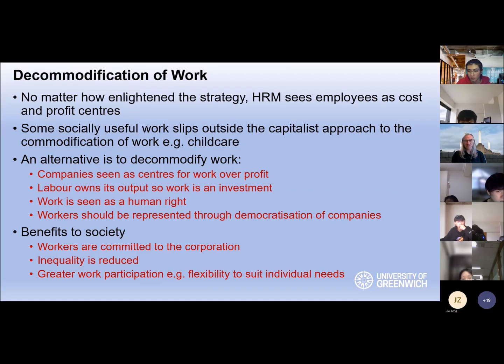We don't use the word exploit because it has a negative connotation to it, but that's basically what's happening. You're trying to get the best out of the workers, and if you can't get the best out of them, then they have to go, or you pay them less. For example, if you employ a lot of women, women often have commitments outside of the workplace. They've got commitments at home.